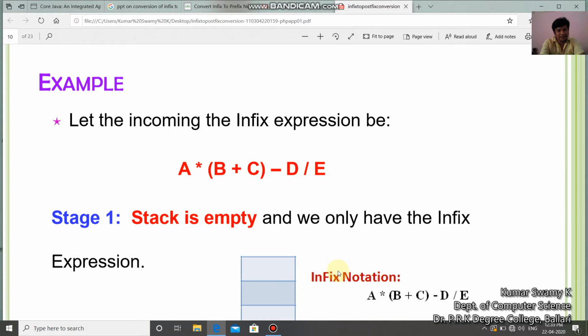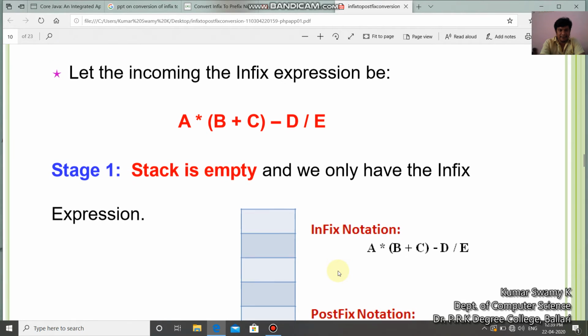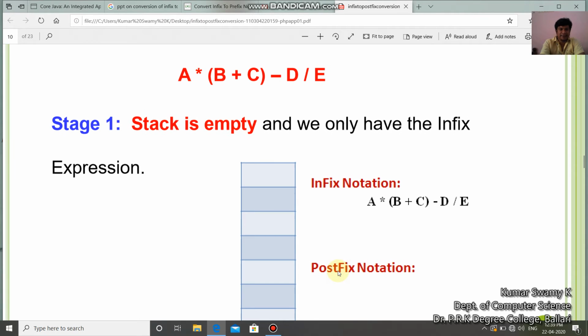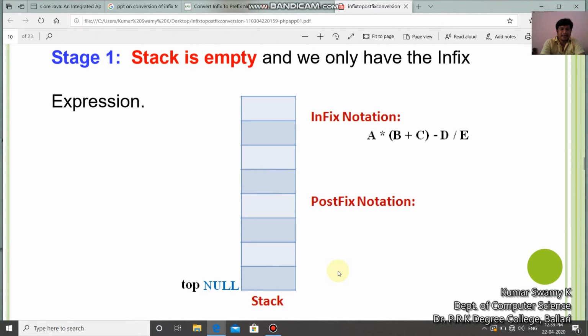As we discussed in step 1, the stack is empty and we only have the infix expression, which has to be converted to a postfix expression. As you can see, the stack is empty and the top has a null value.